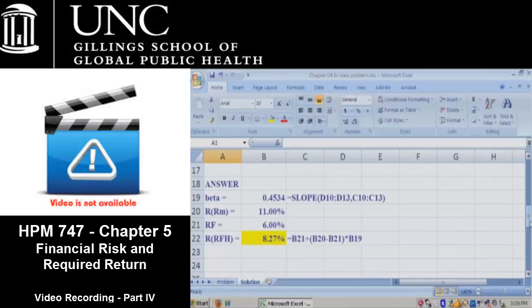Probably not the clearest explanation. Good enough. So what he did was he used the slope function. The beta is 0.4534, which tells you what about the risk of the stock compared to the market? It has a little bit less than half the volatility of the market. It's half as volatile, half as risky as the market.